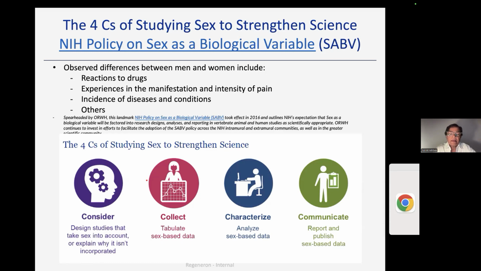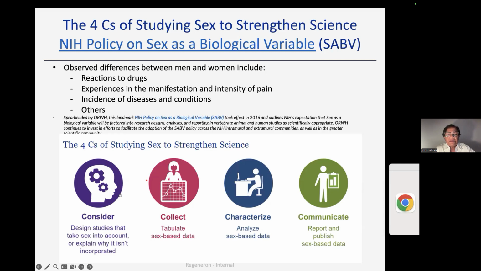That means the men are underdiagnosed and undertreated. These are just some examples in the media. But there are also many studies that show there are different reactions to drugs. There have been studies that show different manifestation and intensity of pain, and obviously incidence of diseases and conditions.